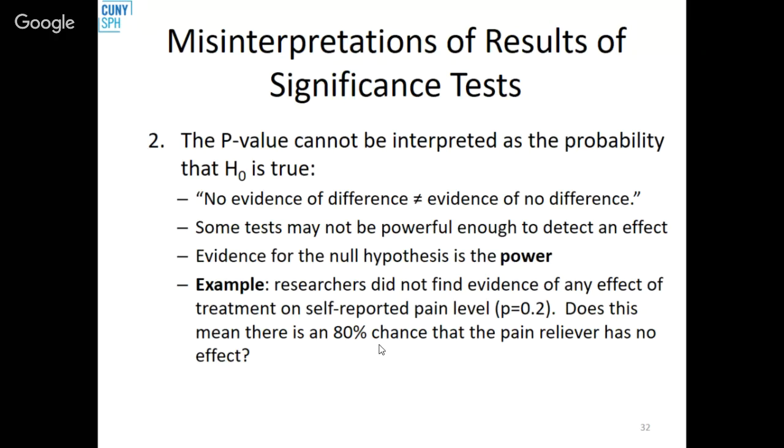Now, this means that if the pain reliever has no effect, there's a 20% chance of observing a sample as extreme as we observed. An 80% chance that this sample is consistent with that null hypothesis.